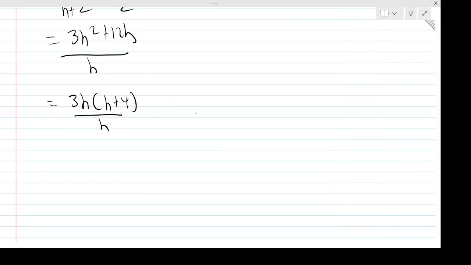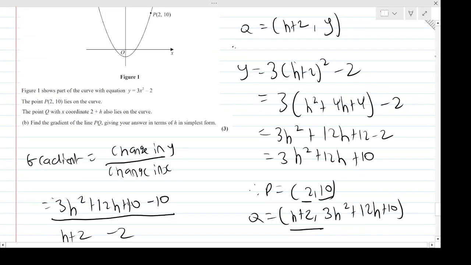And so this would equal 3 lots of, because the h will cancel out, 3 lots of h plus 4. Then if we expand it, we get 3h add 12. Cool. So that is my simplified gradient of PQ, the gradient from P to Q in terms of h.